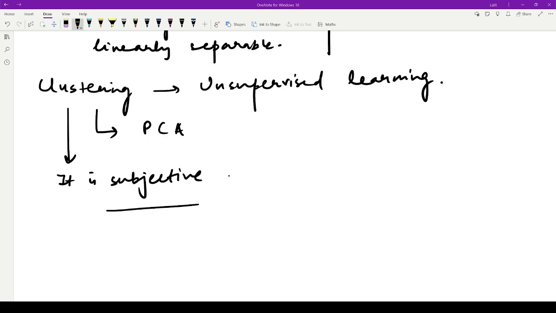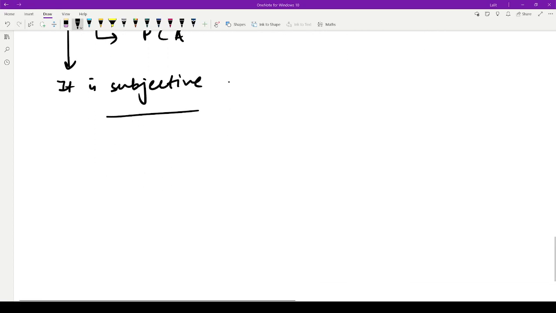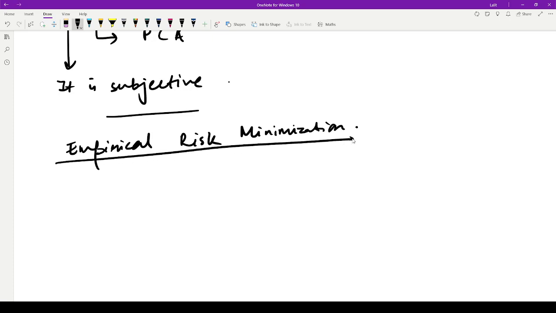There's one specific topic that everyone asks in interviews, so it is really important: empirical risk minimization. What is empirical risk minimization? Can anyone tell what it means?